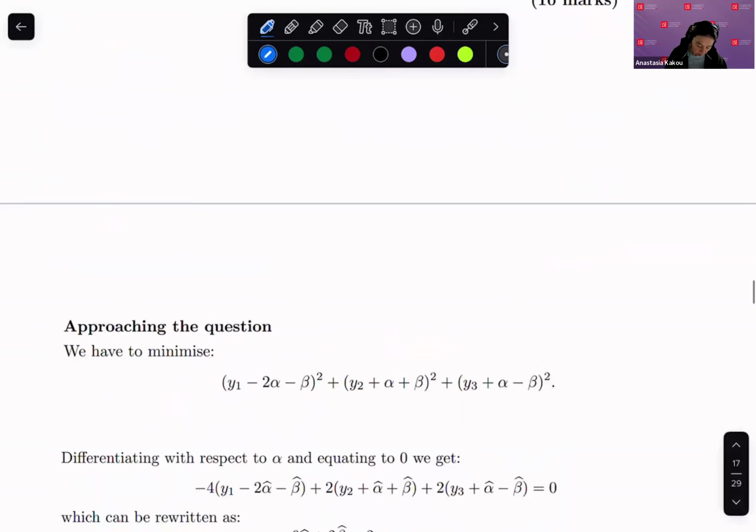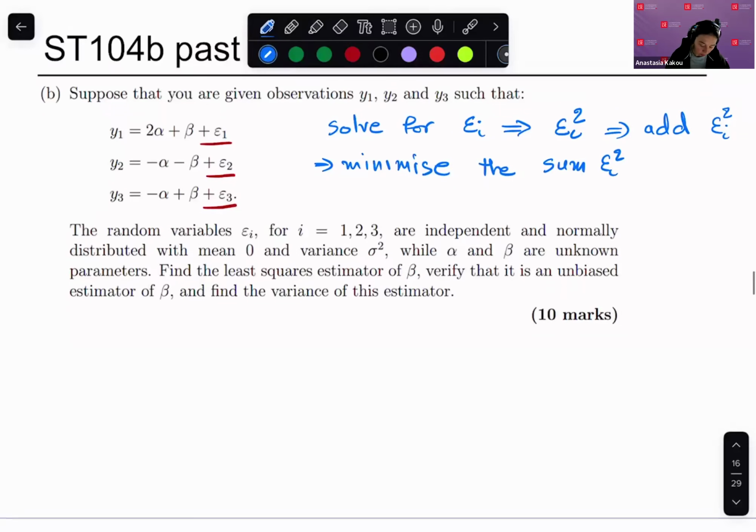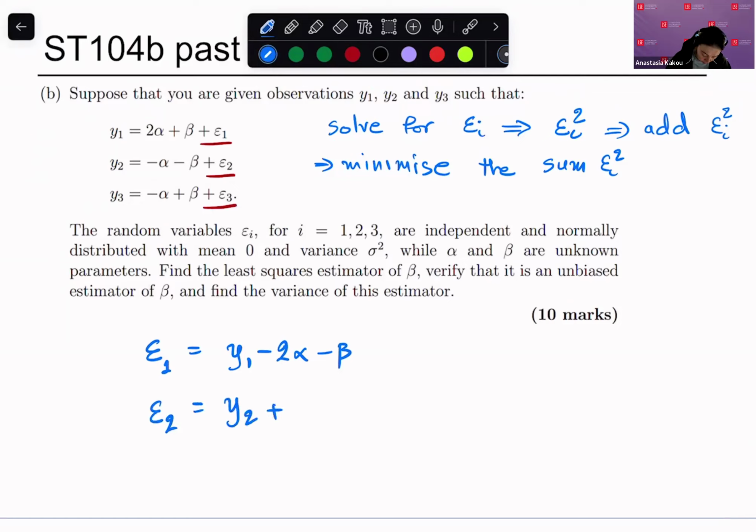Really the steps here, I've told you the steps, but I'll just rewrite them here. So epsilon 1 will be y1 minus 2a minus b, and then epsilon 2 will be y2 plus a plus b, and epsilon 3, y3 plus a minus beta.